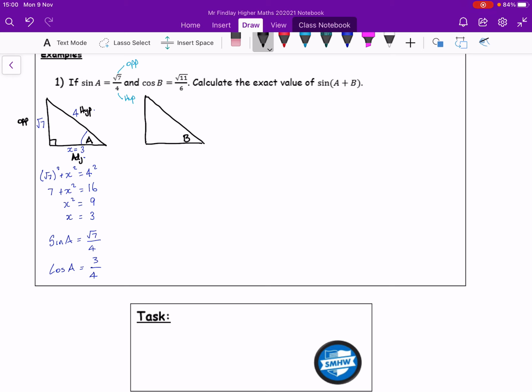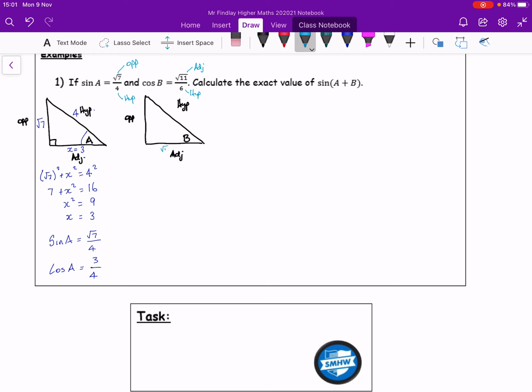So there is B, and we have our opposite, adjacent, and hypotenuse. And in this case, this is our adjacent, and this is our hypotenuse.